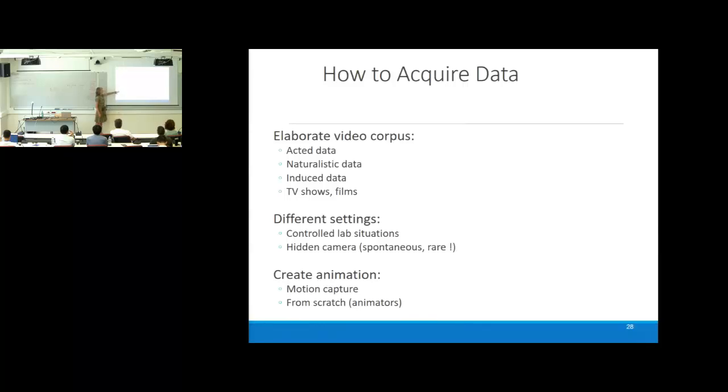We can also have different settings. Hidden camera, but now we were able to use hidden camera data from Klaus Scherer's lab. He had a hidden camera in an airport in Switzerland, and when you lost your luggage, which happened to some of you here, and you went to report that you lost your luggage, he put a camera on the passengers, so he could record.